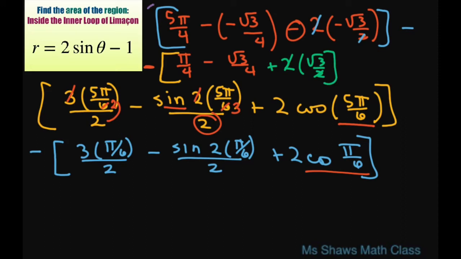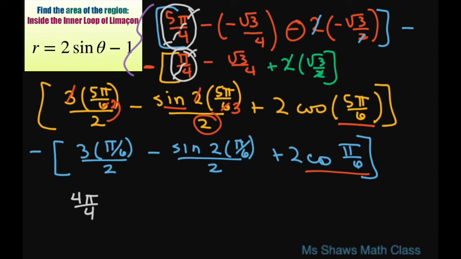Now that we have this, let's clean all this up, and I'm going to write this in a totally different color. We're going to have 5 pi divided by 4 minus this, and that's going to give you 4 pi divided by 4. That's just going to be pi. So this part's the easy part.